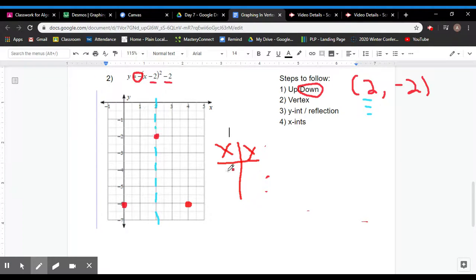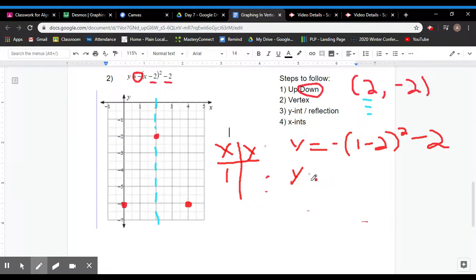So let's say I want a point at X equals 1, and I need to find the Y now. All you do is you plug 1 in for the X in the equation and solve for Y. So Y equals negative, plug in 1 for X, and solve.